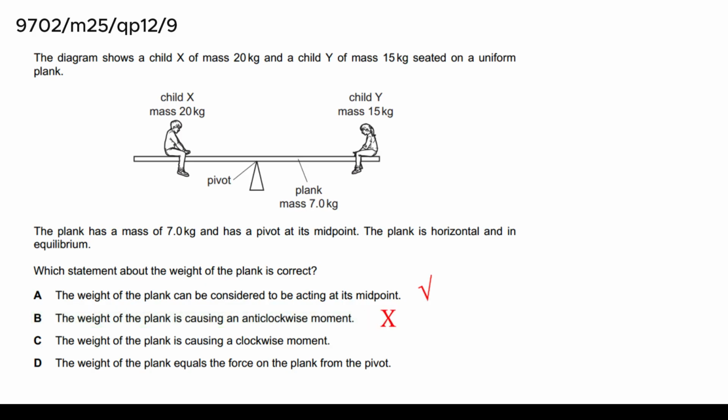C states that the weight of the plank is causing a clockwise moment. Similar to option B, the weight of the plank causes 0 moment, so the statement is incorrect. Option D, the weight of the plank equals the force on the plank from the pivot. The pivot force is actually supporting the total weight of all the objects. It is much larger than the plank's weight. So, option D is also wrong. The correct answer is option A.